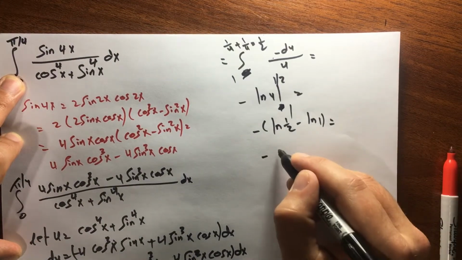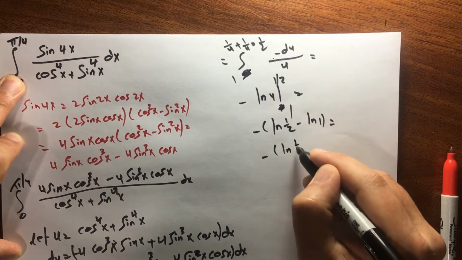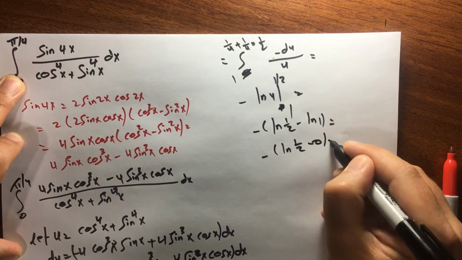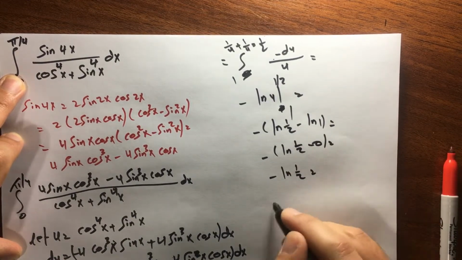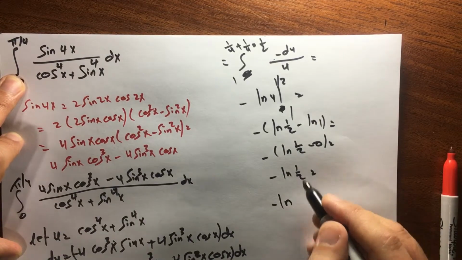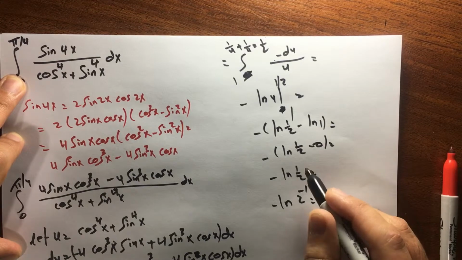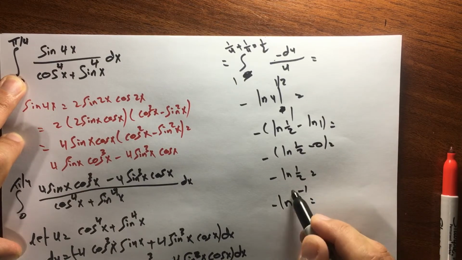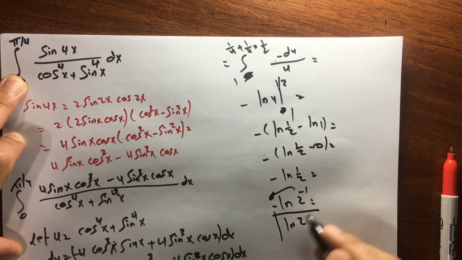This equals negative of natural log of 1/2 minus 0, which is negative natural log of 1/2. This equals negative natural log of 2 to the power negative 1, and from the properties of the log, the negative comes in front, so this equals natural log of 2, and this is the final answer.